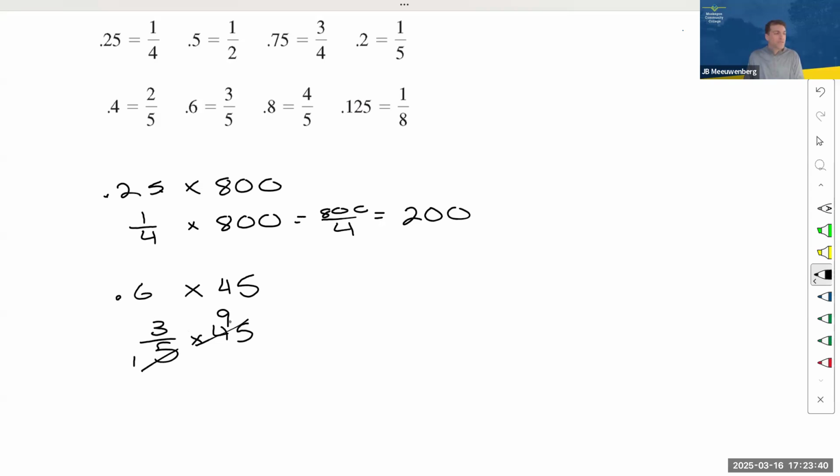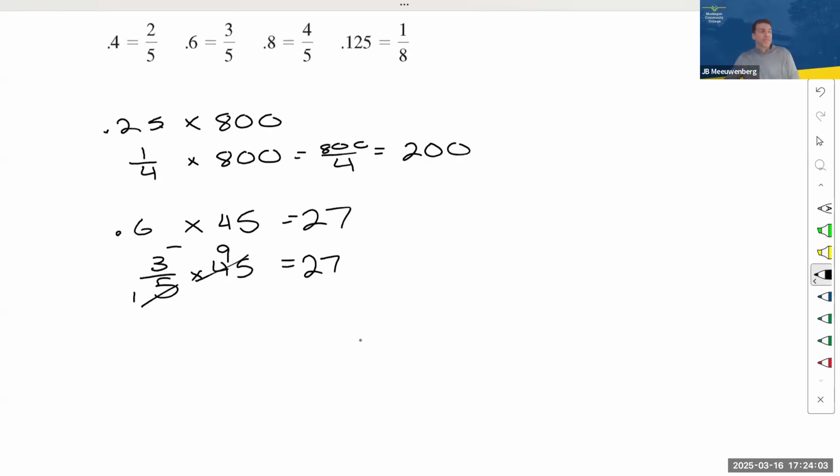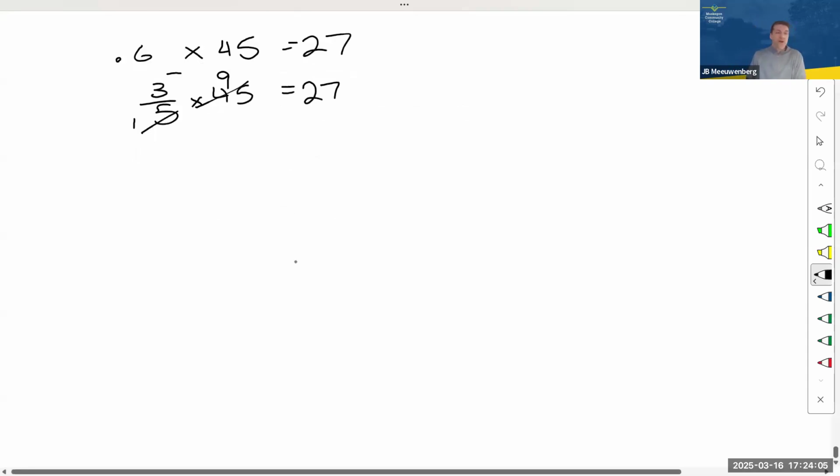And all you end up with here now is 3 times 9, which is 27. So 0.6 or 6/10 times 45 is equal to 27. But we did that nothing like we would normally do decimal multiplication. We substituted in an equal fraction and did some canceling. Sometimes fractions are actually easier to use than decimals. And so let's try a few more of these.